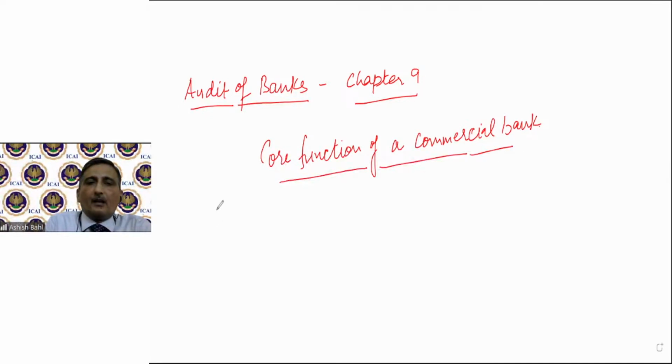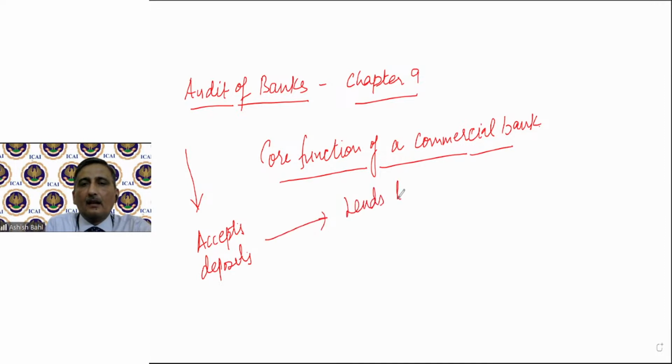So, guys, a commercial bank accepts deposits from the public and lends it to trade, to industry, to citizens, to farmers, to corporates.